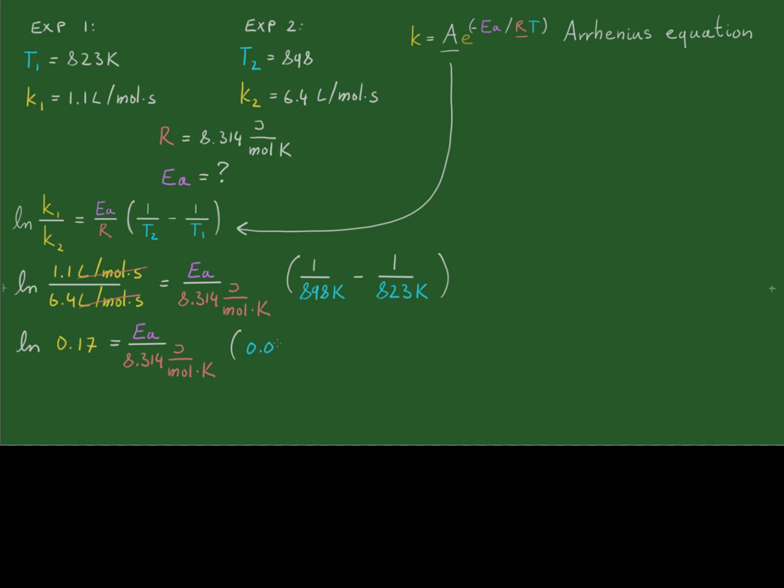The natural log of 0.17 is negative 1.77, and all of that equals, again, I'm just going to take a shortcut and scroll down a little bit.